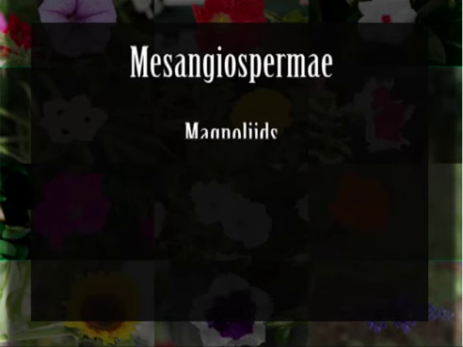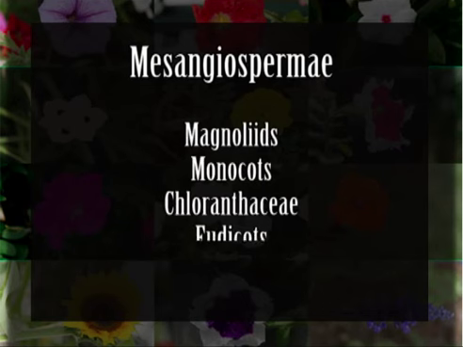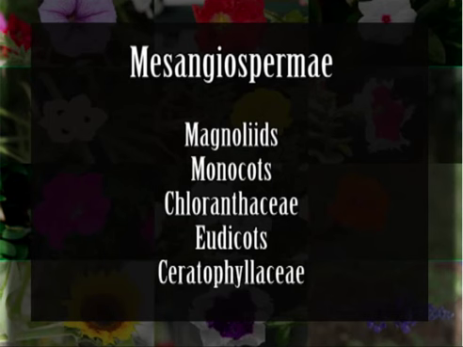Many of the divergences of major clades of angiosperms occurred rapidly. For example, molecular dating techniques provide a time frame for the likely rapid diversification of five major lineages of Mesangiospermae: magnoliids, monocots, Chloranthaceae, eudicots, and Ceratophyllaceae.